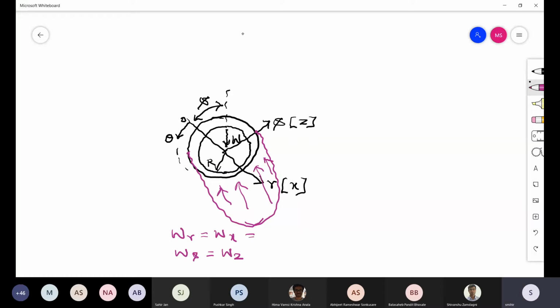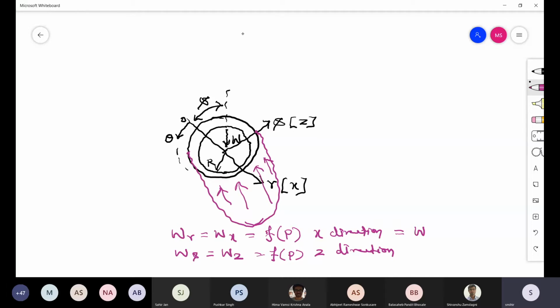Now the pressure you integrate, in the direction of x as well as in the direction of z. This is a function of pressure in the x direction. This is the function of pressure in the z direction or phi direction. So this should be equal to W in the phi direction or z direction.